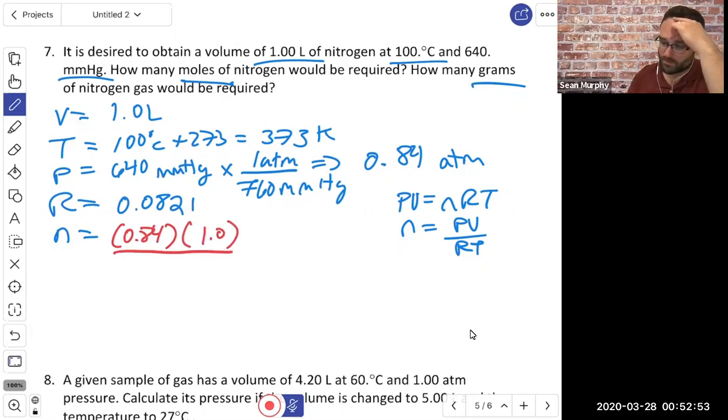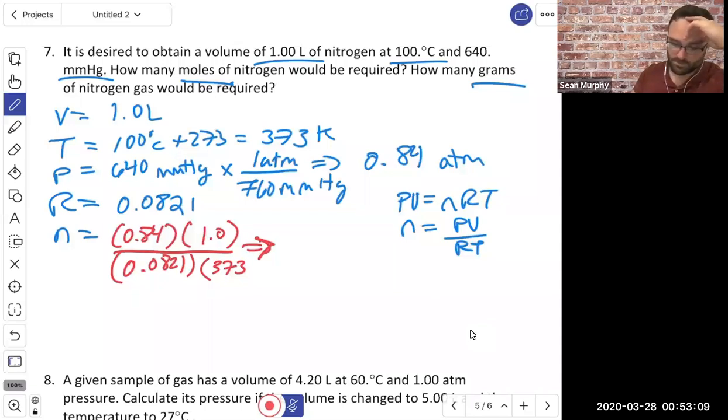The R is 0.0821. And then the temperature is 373. Let's find the moles for this. 0.84 times 1 divided by 0.0821 divided by 373. We have 0.03 moles, let's do two decimal places.